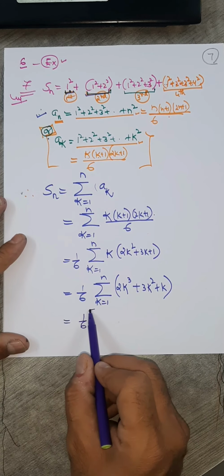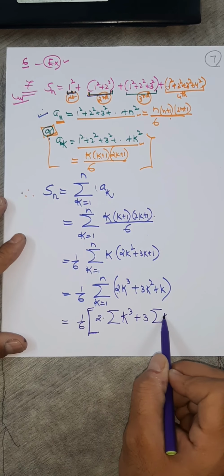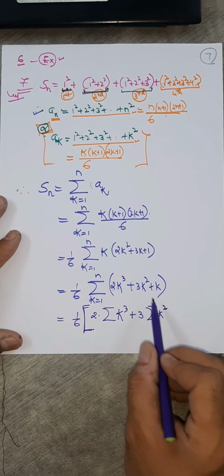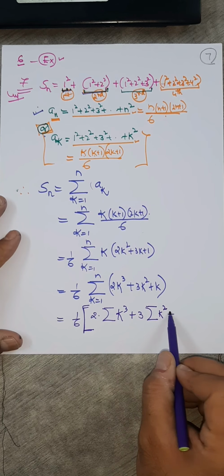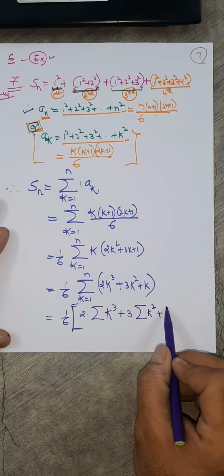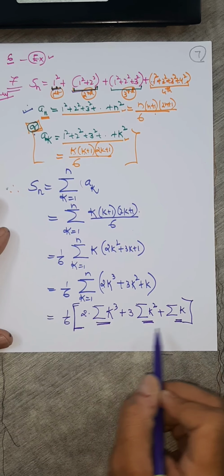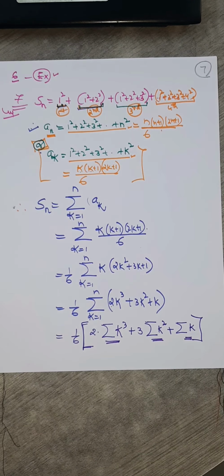This is sigma k cube. 3 being constant as it is, this is sigma k square. And plus the last term, that is sigma k here. Now all are standard formulas. We place the values and simplify. So let's see that now.